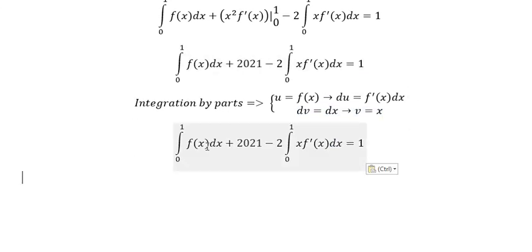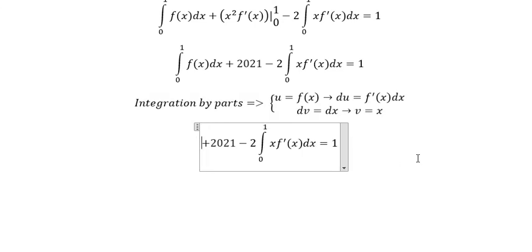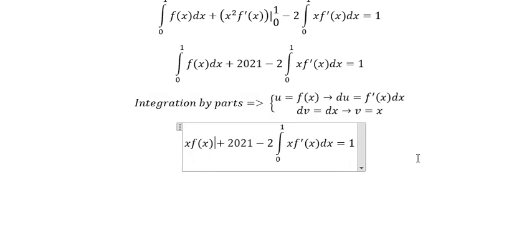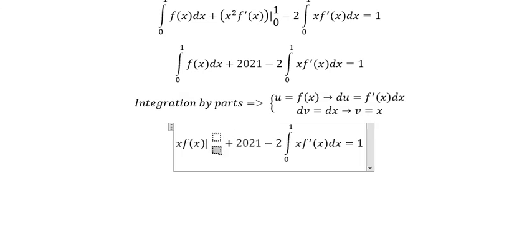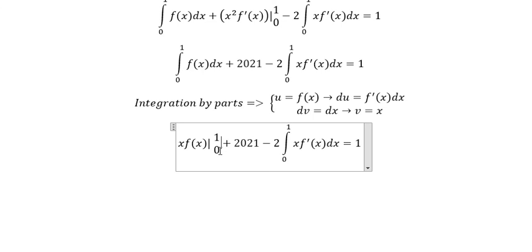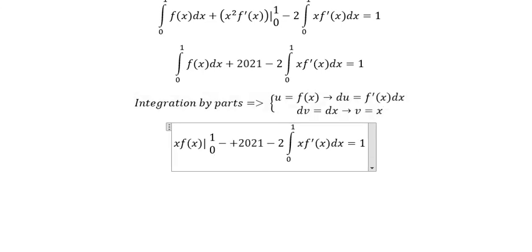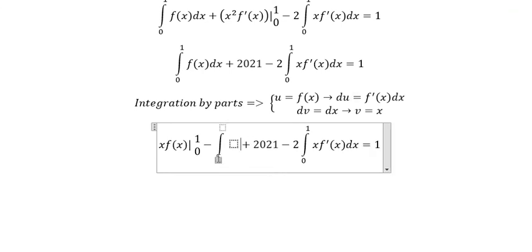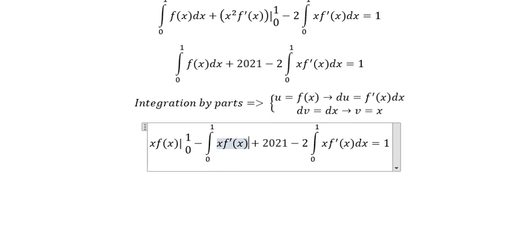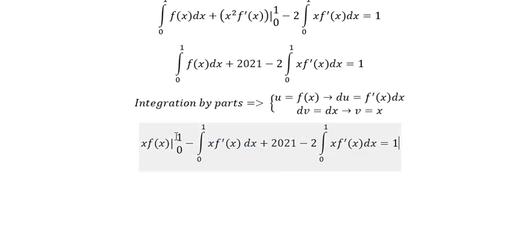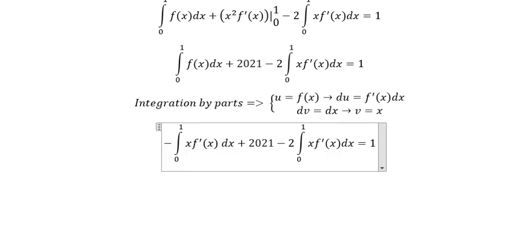So for this one, we have u multiplied with v, that's s multiplied with f of s, and we have 0 and 1 here. So we have the negative of this one. We put the numbers in, and you get f of number 1.